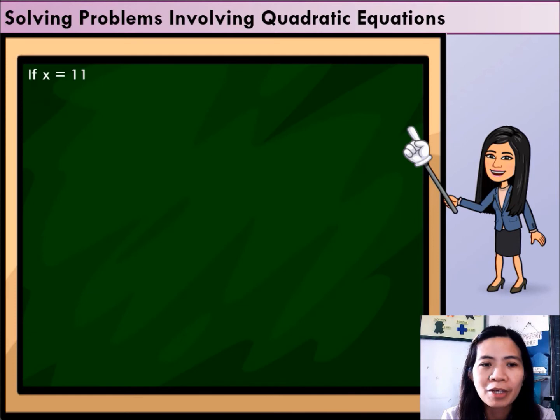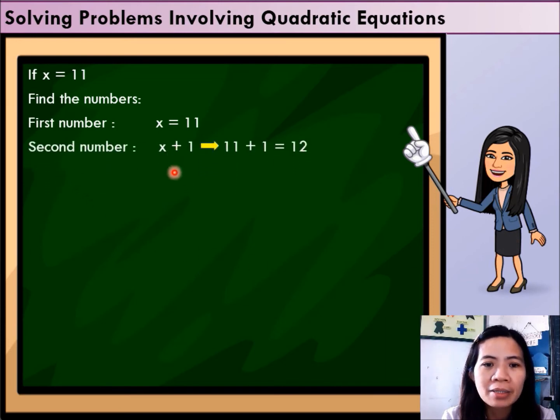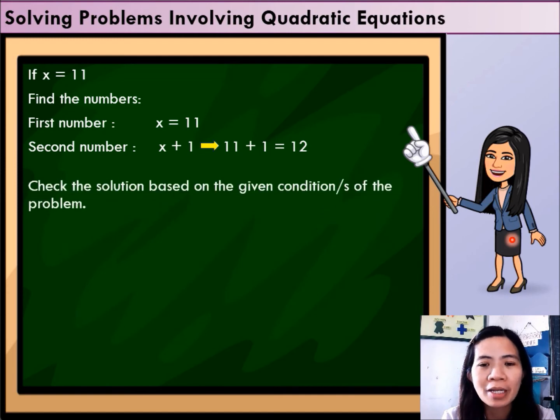If x is equal to 11, so our first number is 11, then our second number, we are going to use this expression, x plus 1. What is the value of x? It is 11. 11 plus 1 equals 12. So 12 is our second number.